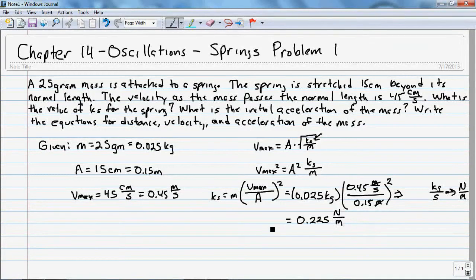Now that I have the K of the spring, I can find the acceleration, and A max is equal to the K of the spring over the mass times the amplitude.